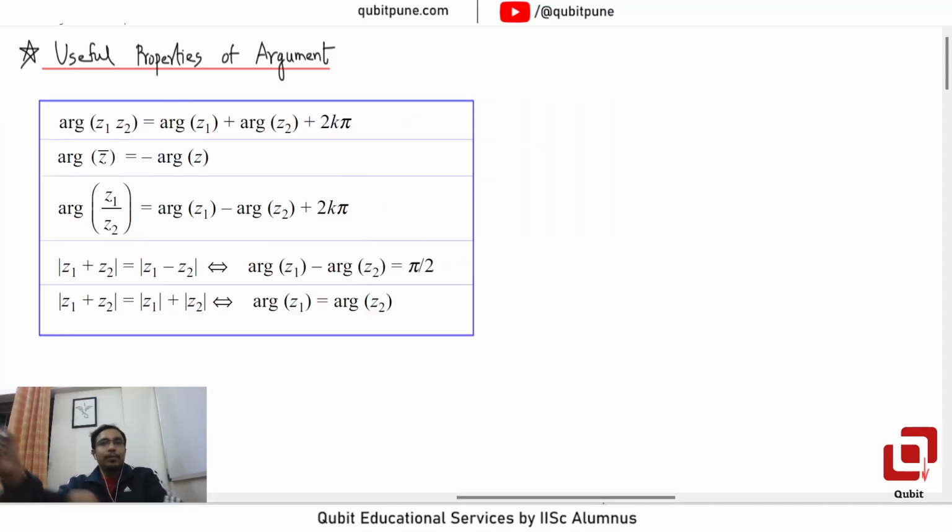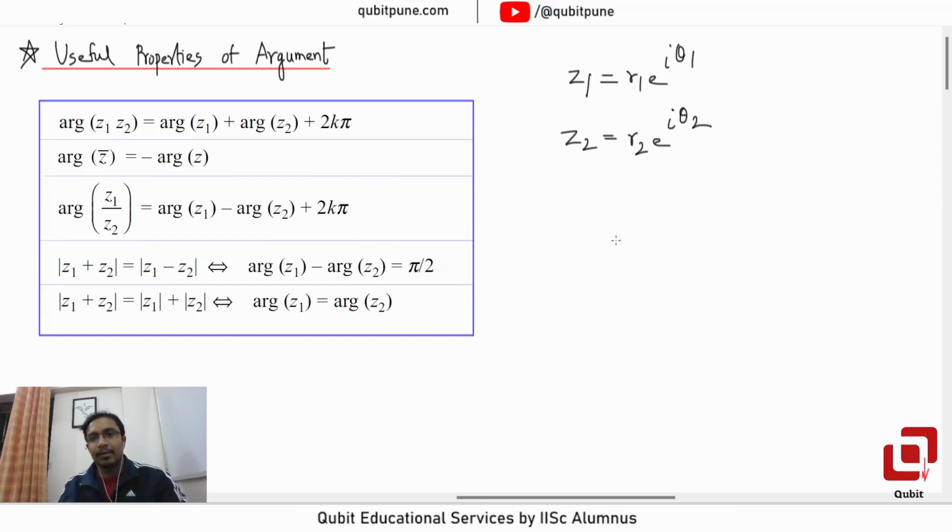Okay, useful properties of arguments. I'm not going to verify them again, but I just want to tell you one thing. Suppose you find z1 in its exponential form, and suppose you find z2 in its exponential form. Suppose both θ1 and θ2 are greater than pi by 2, or even equal to pi, that's fine.